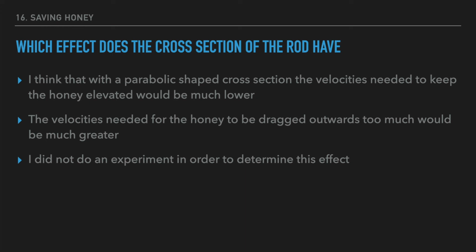But I did not do an experiment in order to determine this effect, because I wanted to eliminate all the irregularities that would come with a parabolic shaped cross-section, and I wanted to focus on the flat surface that we used for our rod.